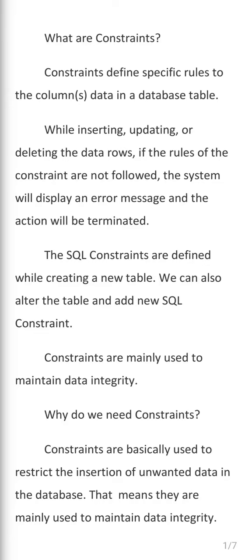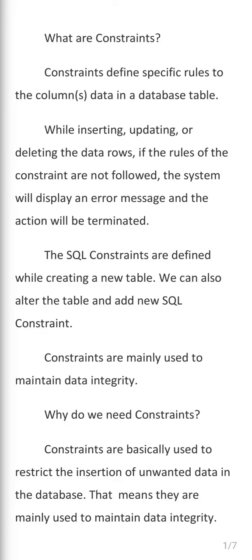Constraints define specific rules to the columns' data in the database table. In any table, if you are defining some column, you can put some rule or condition on what kind of data should be there in that particular column or field.